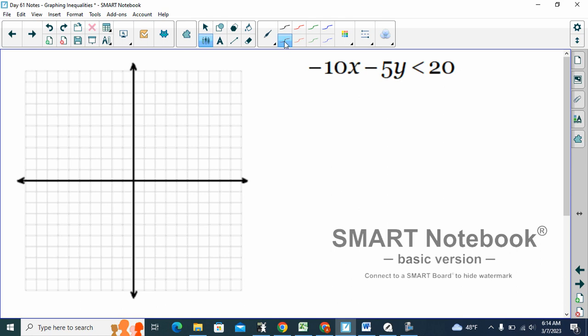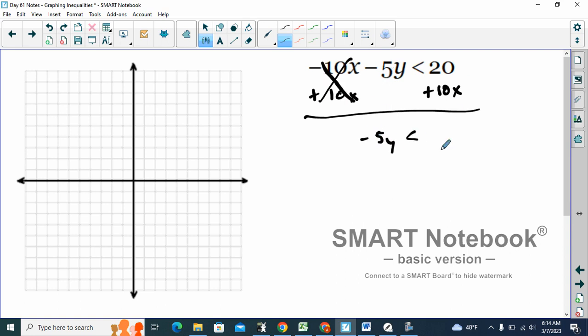Either way should get us the same line, though, the same shading. Everything should be exactly the same, regardless of the method you use. So we start by adding 10x to both sides. Negative 5y is less than 10x plus 20.